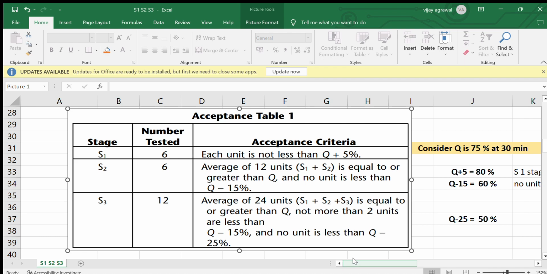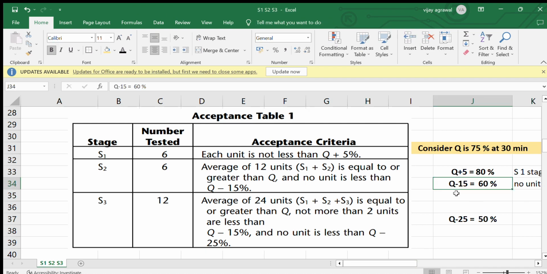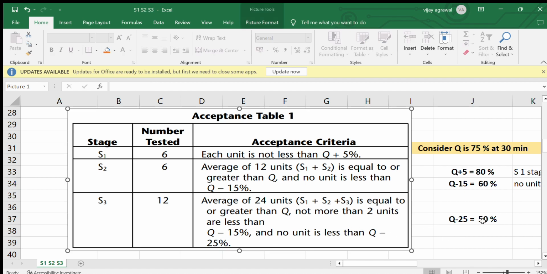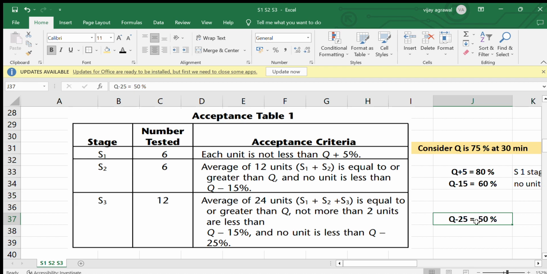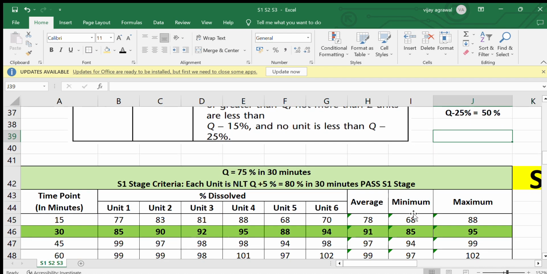So at S3 stage, not more than 2 units are less than 60%, and no unit is less than Q minus 25%, that is 50%. So now let's go to the examples.